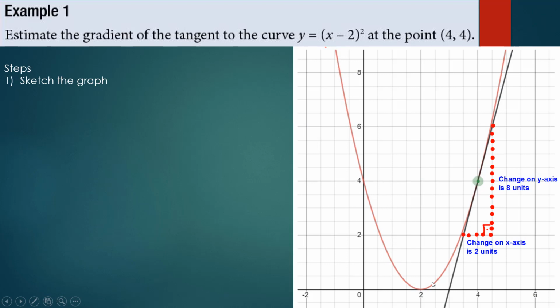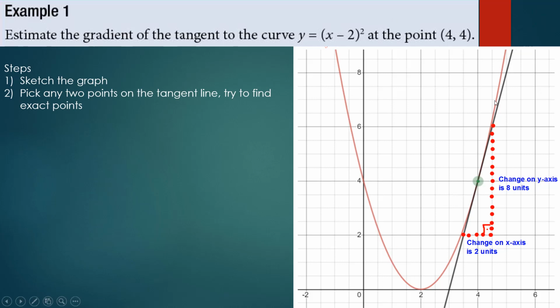I have used the Desmos graphing calculator. You can find it online, and you can also use it by writing the equation into Desmos. You can draw this graph, and it can help you because it uses these squares, which help you find the gradient of the tangent line. After that, we draw the tangent line at the point (4, 4), as the question says.